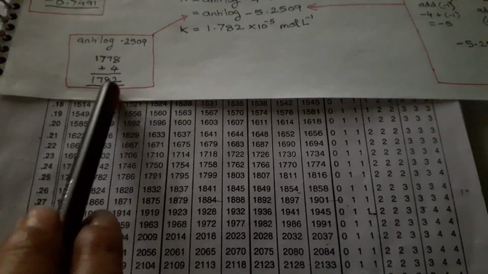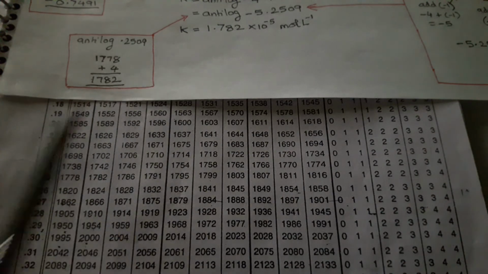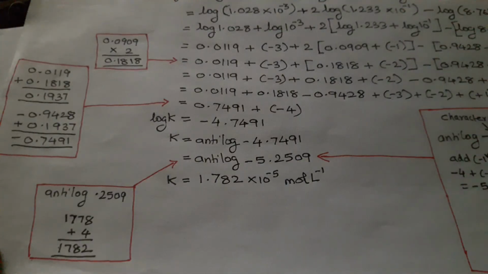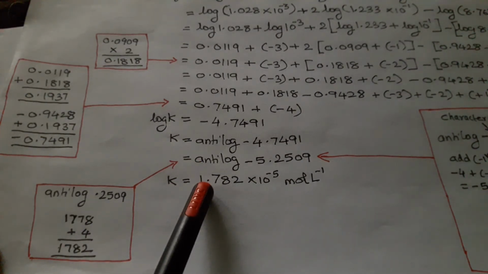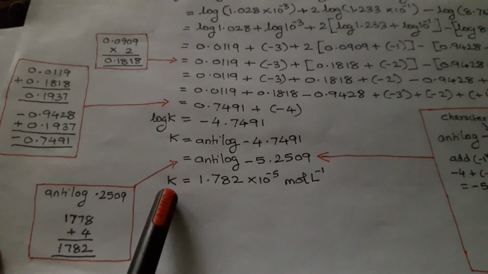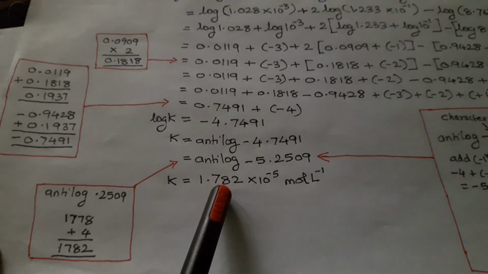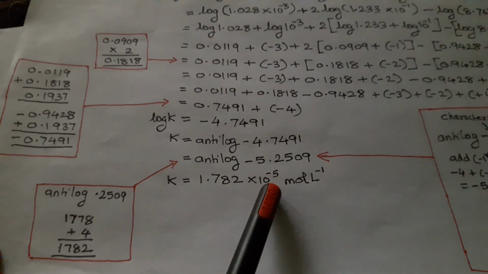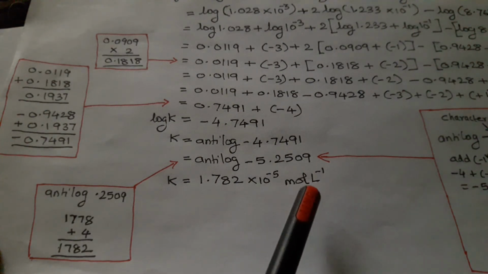So we add plus 4 and we get it as 1782. And while writing the answer, we know that after one digit we have to place the decimal. So we get the value of k, that is dissociation constant, is equal to 1.782 into 10 raised to minus 5 mole per liter.